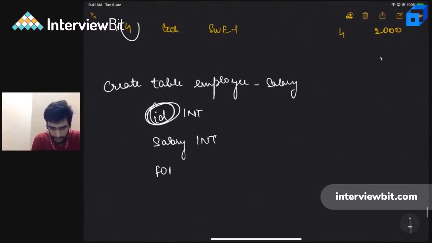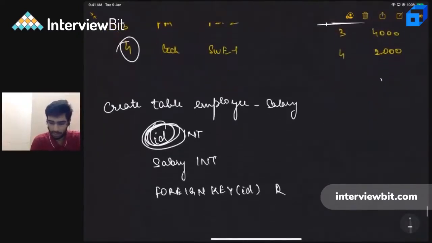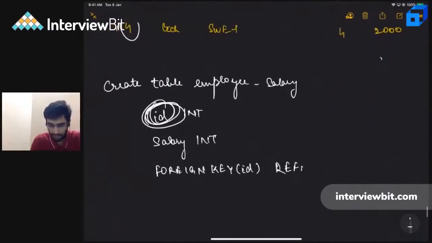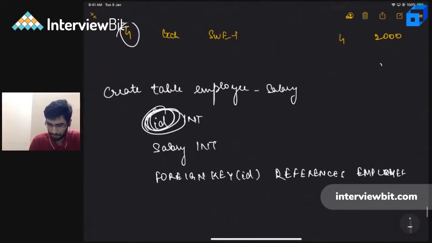But what should this foreign key refer to? It should refer to ID in the employee table. So I say foreign key ID references employee ID. So this is how I create a foreign key.